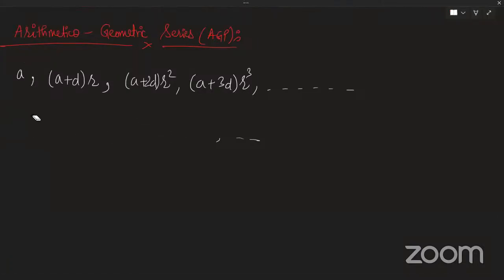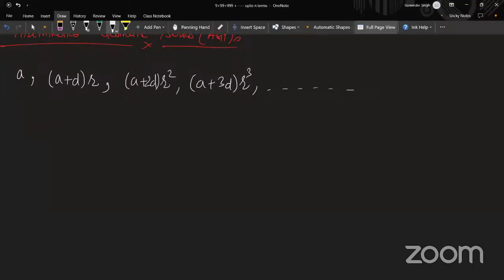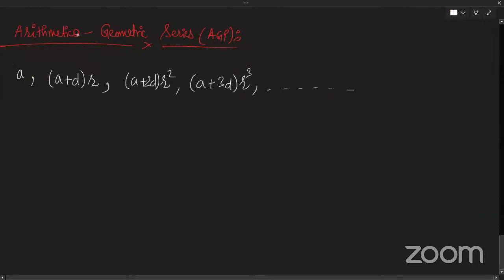So you can think of it as a combined value, so it is basically AGP, arithmetico-geometric series. Your value of A keeps on increasing in an AP format, and then you have your R square, R cube terms multiplied. Fine. So it is very easy, right?